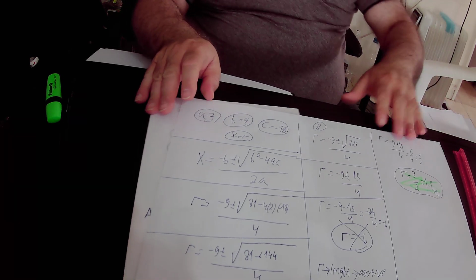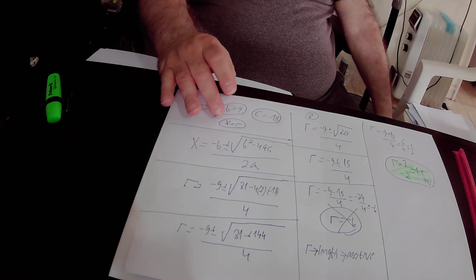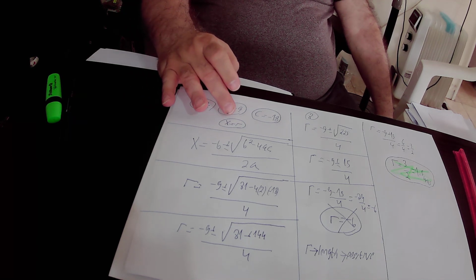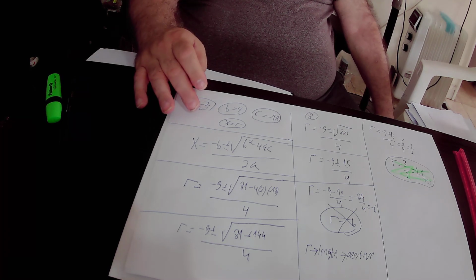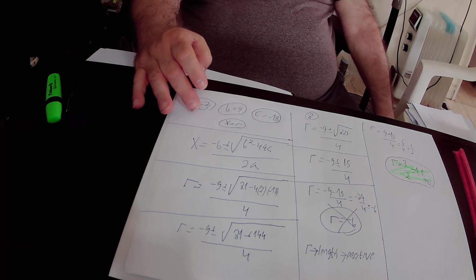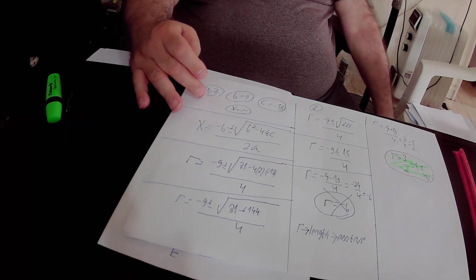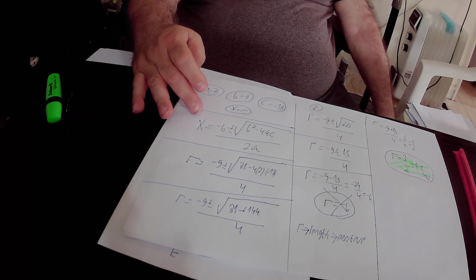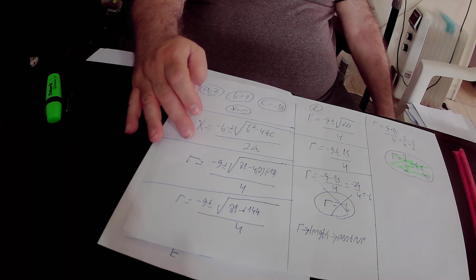The variable that we are looking for is r, so x equals r. The general formula for solving the quadratic equation is x equals minus b plus or minus the square root of b squared minus 4ac, over 2a. Here a, b, and c are the coefficients, and x is the variable we are looking for. In our equation it is r, so we substitute x by r, put the data into the general formula, and find the values of r, the radius of the small circle.